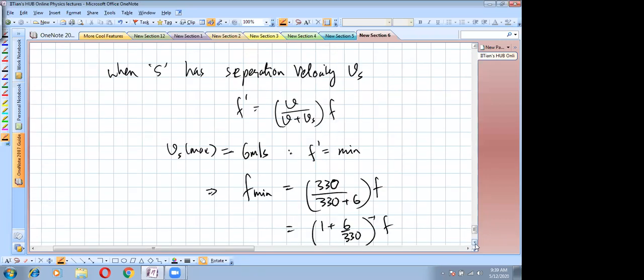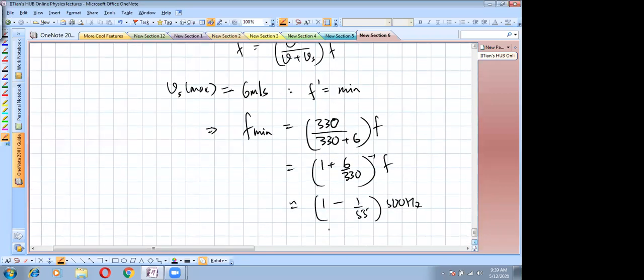So it becomes nearly 490.9 or something like this. This is the minimum frequency. So this is the first part done.